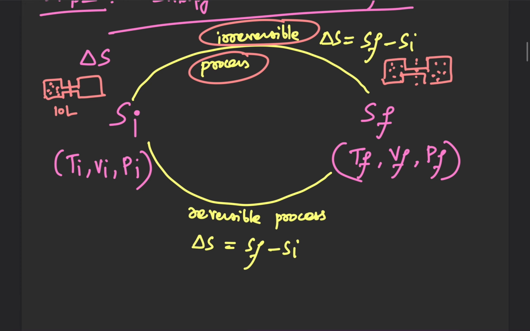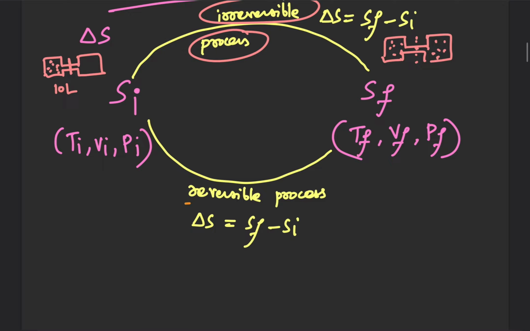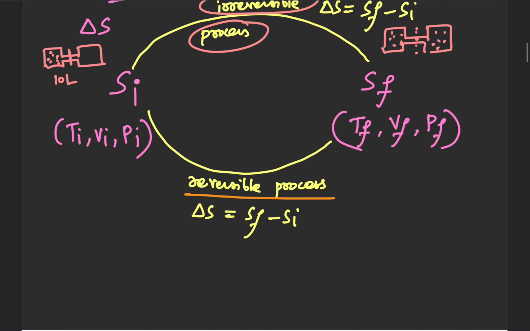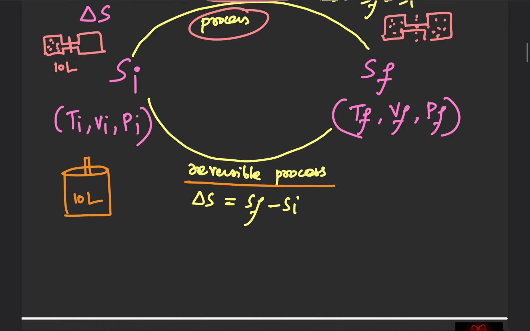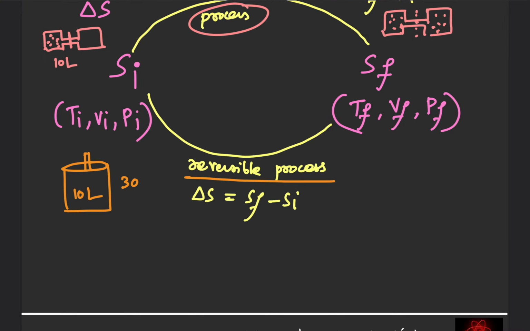Remove the initial gas from the rigid insulated chamber and place it in a cylinder of the same initial volume with a massless frictionless piston. So for the hypothetical reversible process, imagine you have a cylinder with a massless frictionless piston and the volume is obviously 10 liters. Obviously we maintain the temperature at 300 Kelvin.